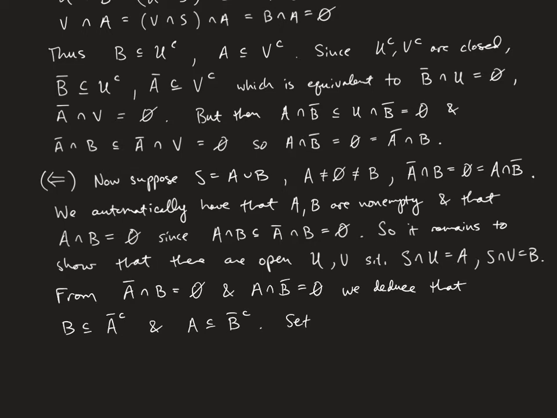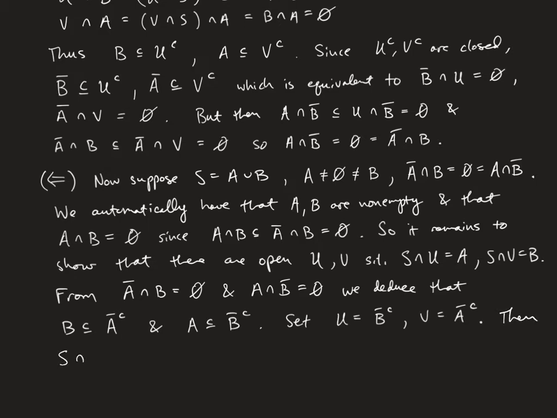And what we'll do is set U to be equal to the complement of B closure and V to be equal to the complement of A closure. And then all we have to do is verify that S intersect U is A and S intersect V is B, and that should be a quite mechanical set theory computation.